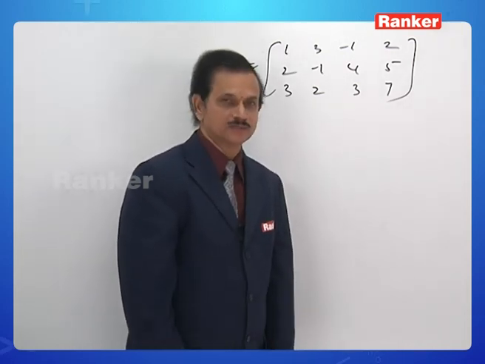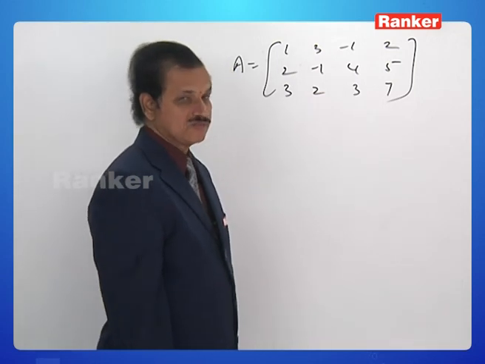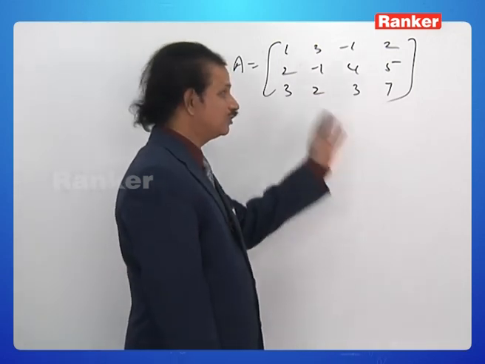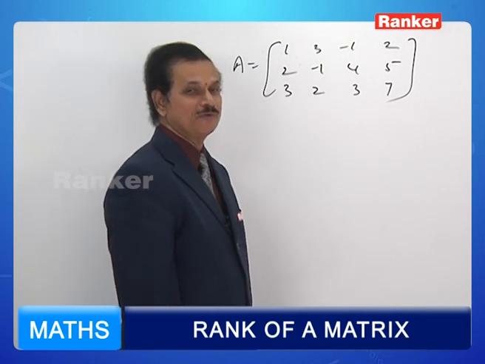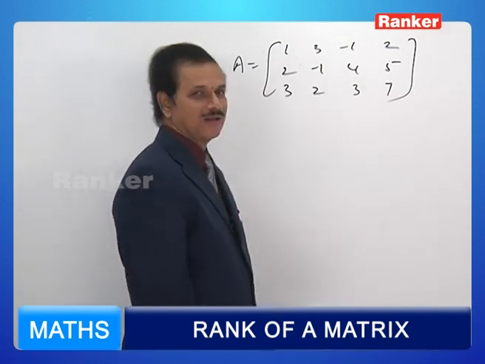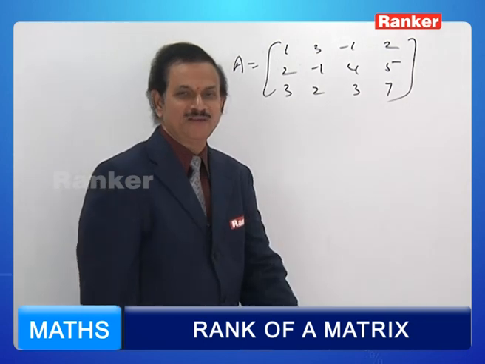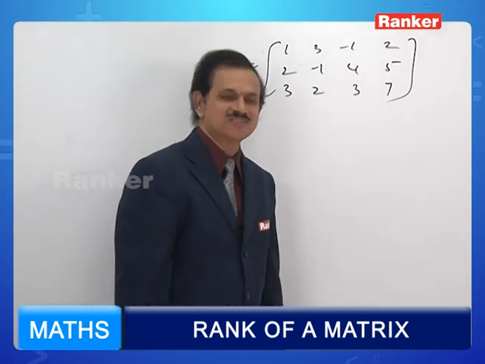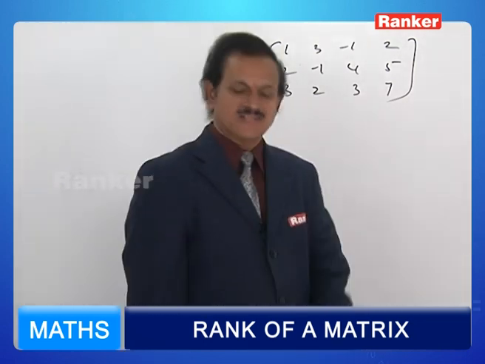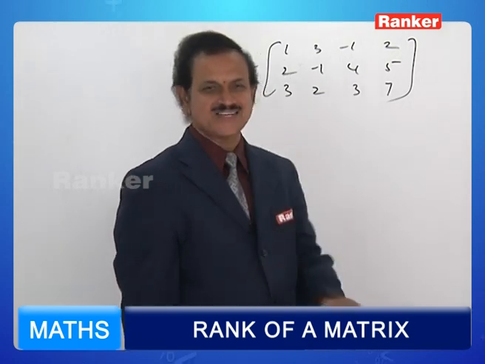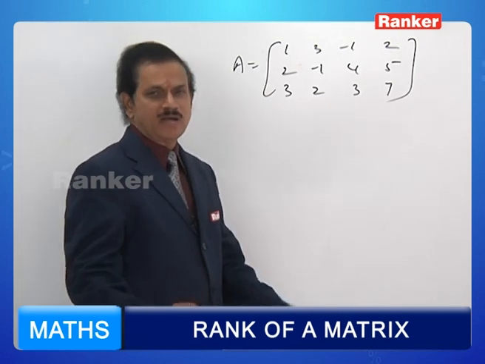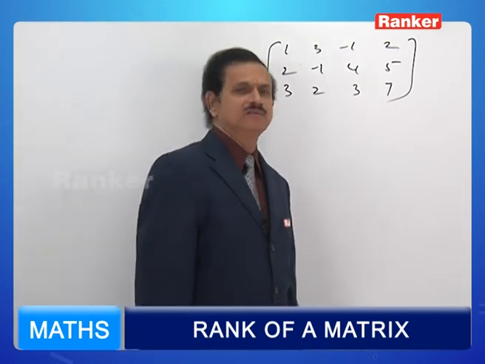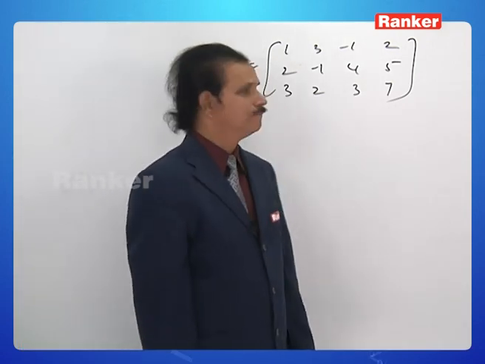You always observe, I am considering the examples with 3 rows and 4 columns because if you could practice well with this model, this will be very much helpful in solving linear equations in 3 variables. Good. What is the systematic procedure actually to have the rank of the matrix?